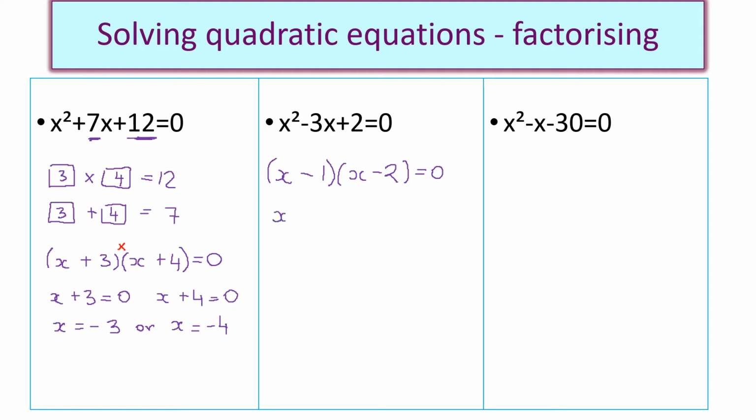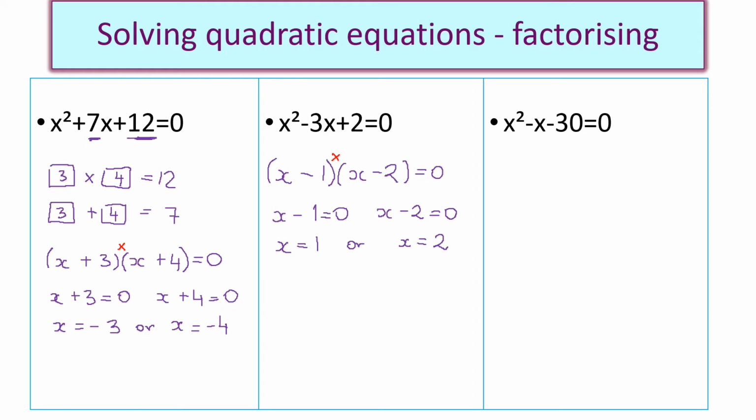Remember that we have multiplication between the two brackets. So the whole expression will be equal to 0 if x take away 1 is equal to 0 or x take away 2 is equal to 0. So that means that x is equal to 1 or x equals 2.